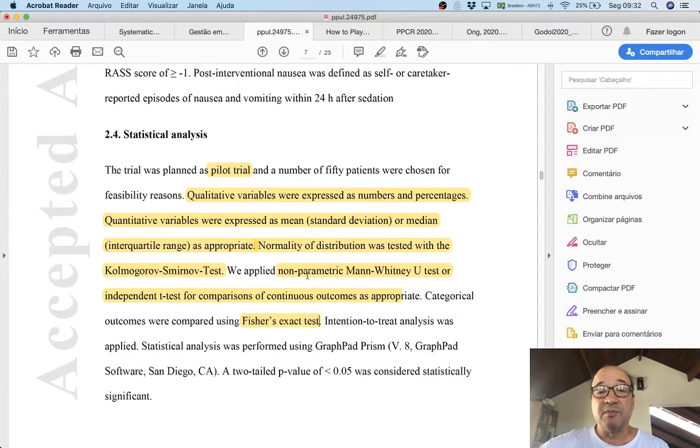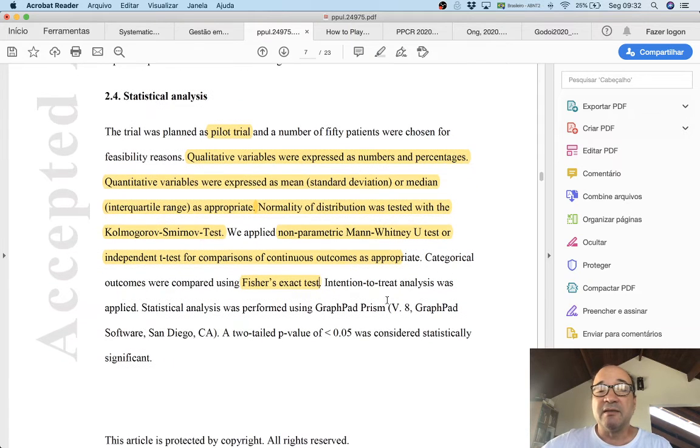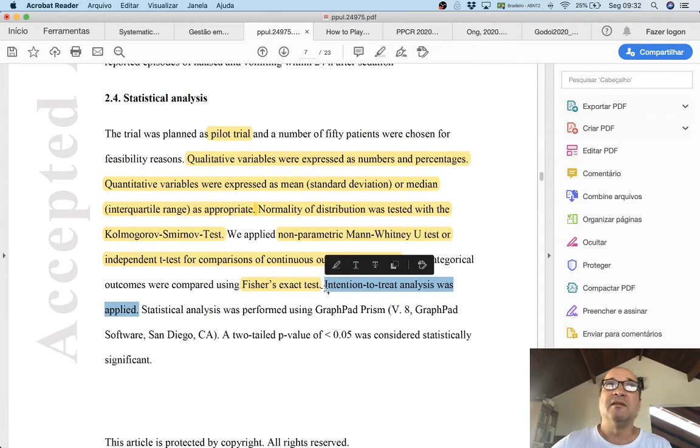That's good because the sample size was small, so Fisher is good in this situation. Intention to treat analysis was applied. This is our next week discussion in PPCR, intention to treat. I've already read it and it is well applied in this situation.